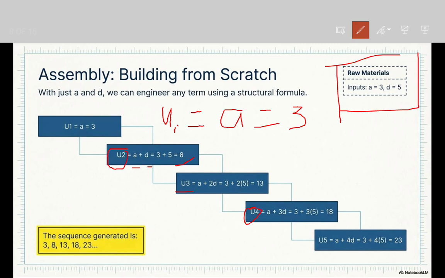The fourth term is A plus 3D. And the fifth term is A plus 4D. All right, so let me try to show you why this is the general formula.